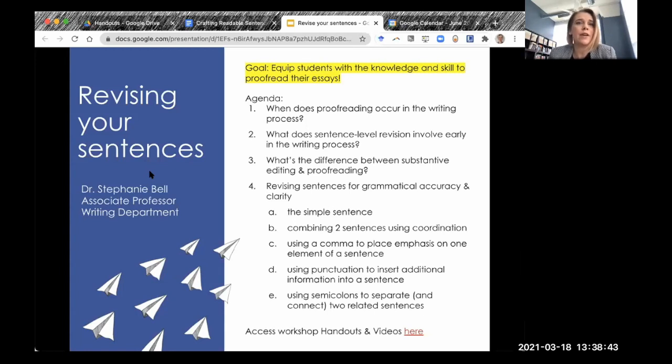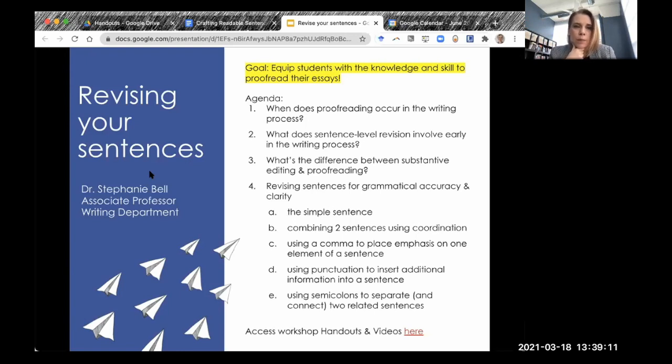So if you have an essay that you're working on or an essay that you've written in the past, if you can call it up on your computer and have it available, I will be asking you to find me examples of simple sentences or sentences where you're using commas for us to workshop today. So we're going to be working with examples from your own writing. And I'll ask you to copy and paste those into the chat in a little bit when we get there.